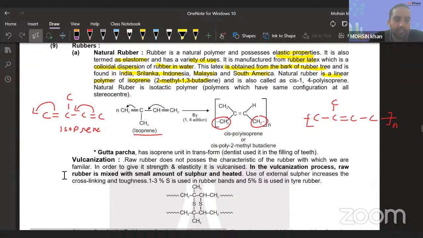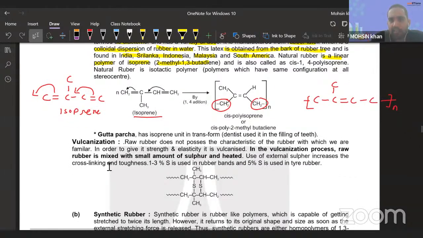So we will discuss the vulcanization of natural rubber. Vulcanization. So raw rubber does not possess the characteristics of rubber with which we are familiar, in order to give it strength and elasticity, it is vulcanized.